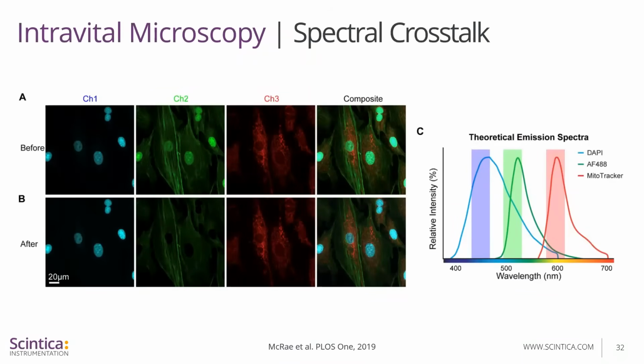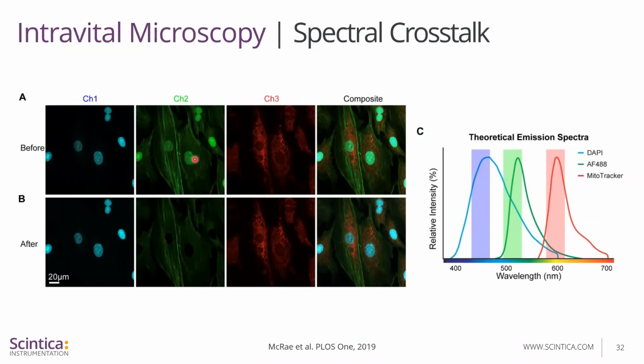In pre-processing, you can also correct for spectral crosstalk. Even though you've carefully selected your fluorophores and you know that they're distinguishable from one another, there can still be some bleed-through happening from one channel into another, such as here with the blue channel bleeding through into the green channel, showing nuclei where they shouldn't be.